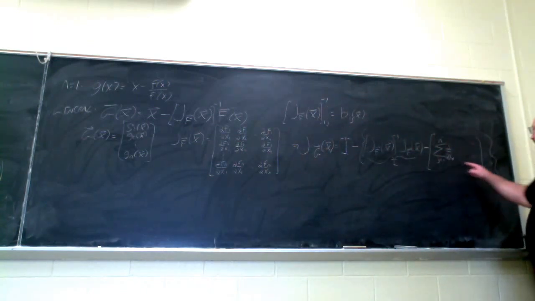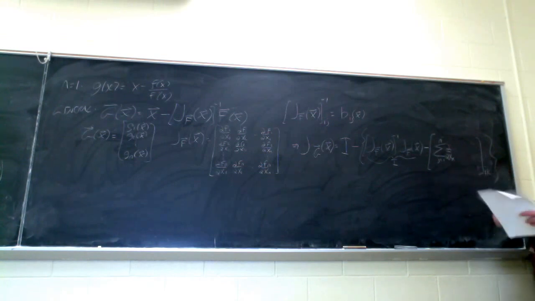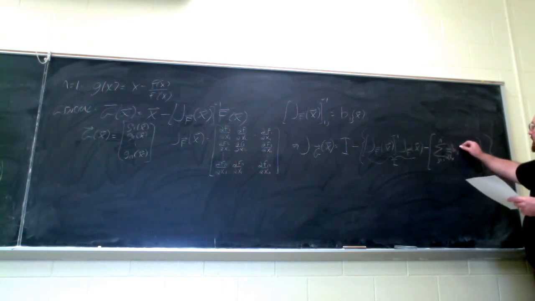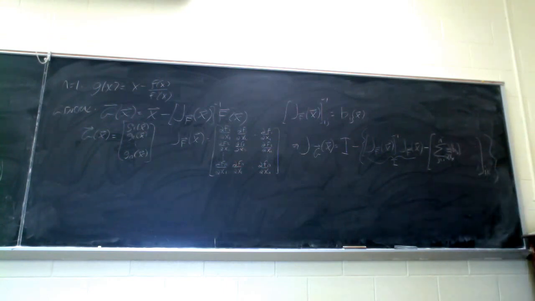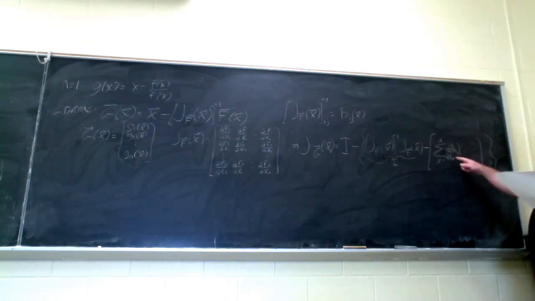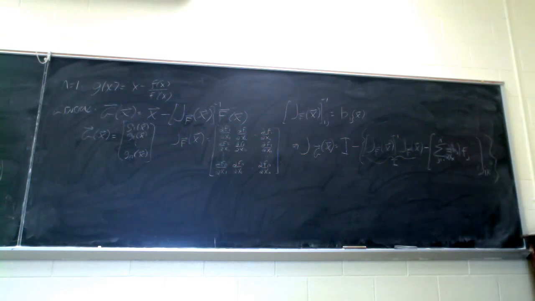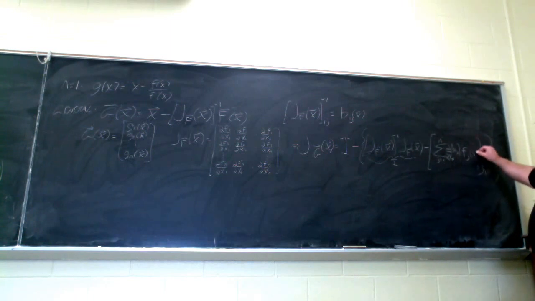So this is going in the kth column of this matrix. We're differentiating with respect to xk. And what are we differentiating? Bij, and this is being multiplied by fj. And all of this is evaluated at x, whatever x we have.